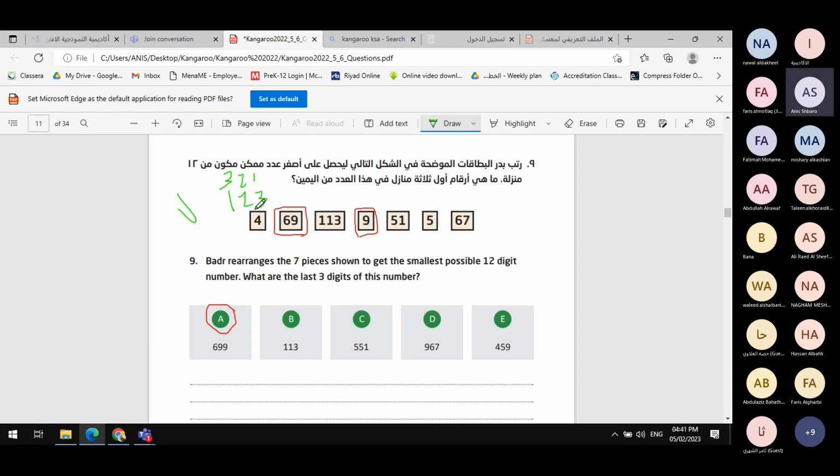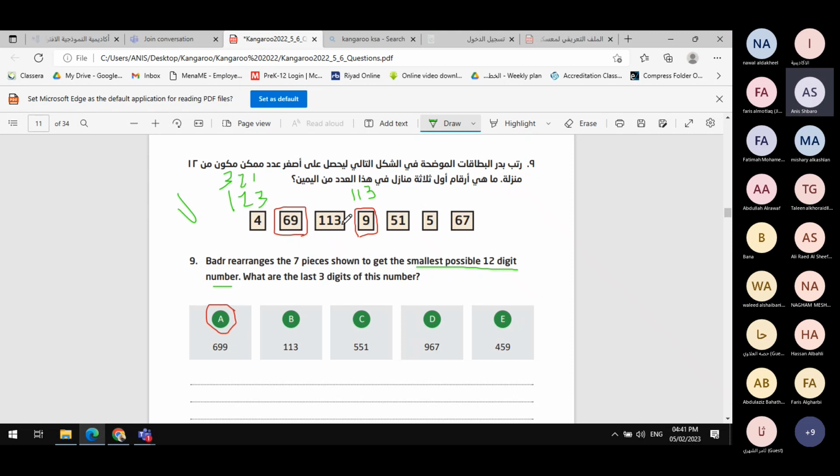If we want the smallest number, here we can see the smallest possible 12-digit number, we are going to get rid of all the big digits at the beginning, and the first one must be the smallest digit. So 113 must be from the left.